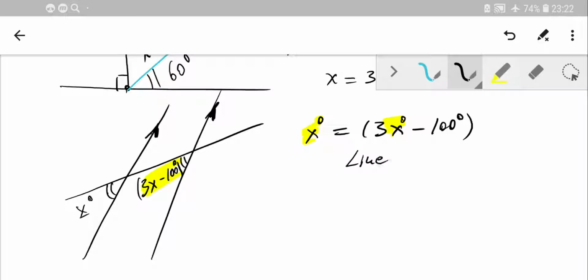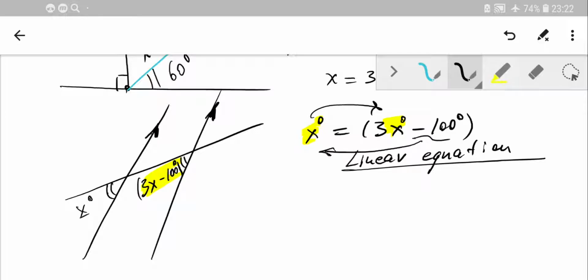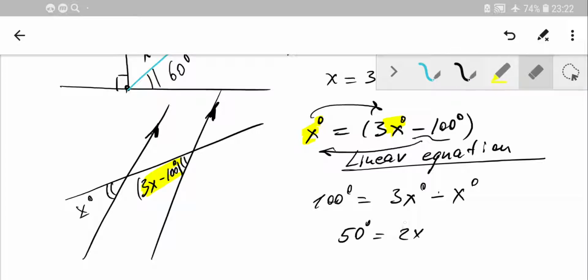So we just transfer x here, while negative 100 we transfer to the left side. So we'll get 100 equals 3x minus x, because we need to change the sign when we transfer. Okay, so 2x equals 100. Sorry, actually x equals 50, and that's the final result.